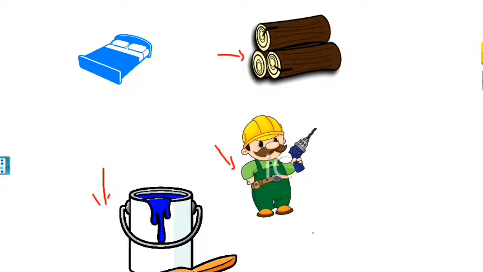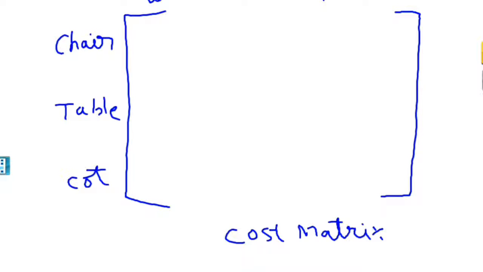A cart also needs 200, 250, 300. When these furniture and their resources are arranged in rows and columns, this form is called matrix representation.